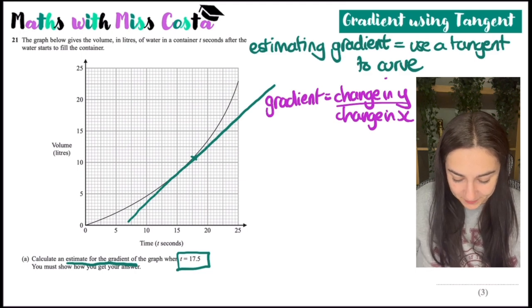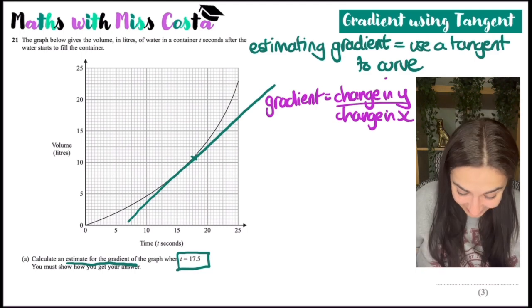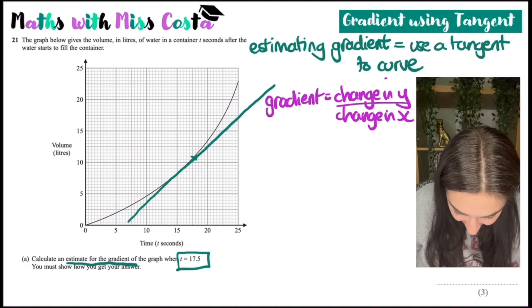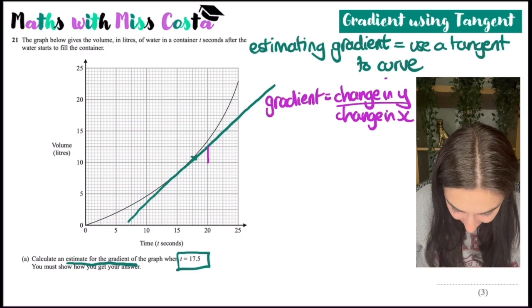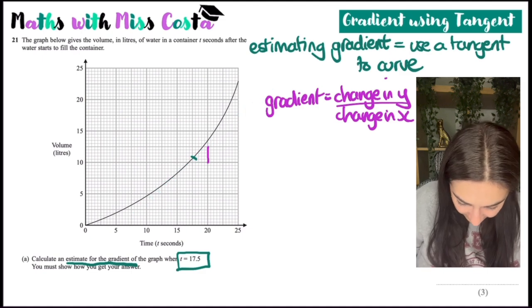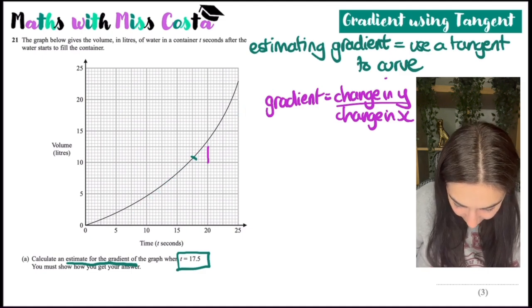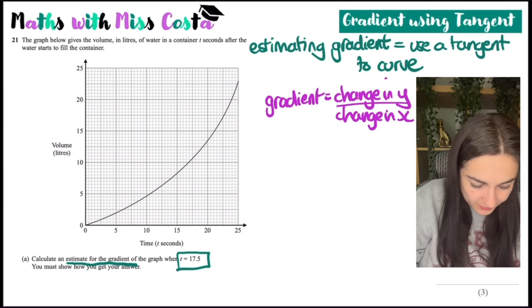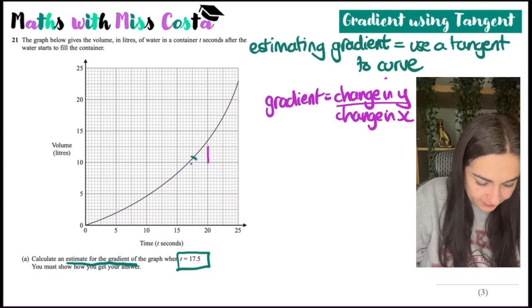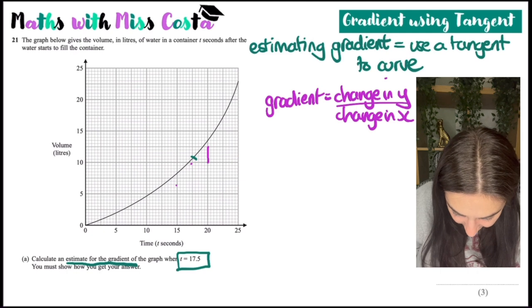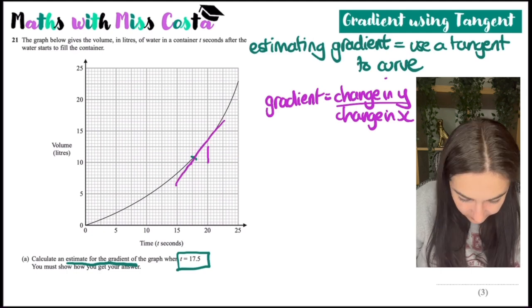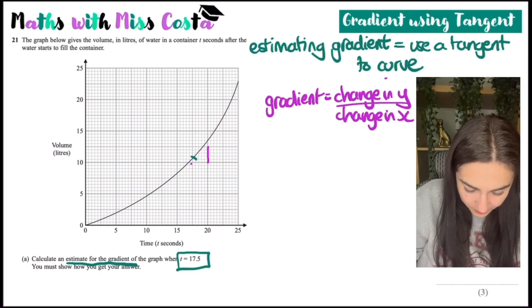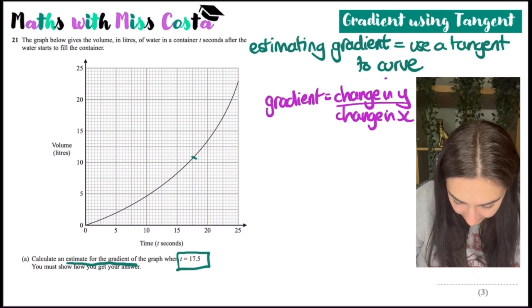This isn't amazing because my line is so thick, so it covers the line, but we do what we can. So I'm going to just get rid of that line actually to see where it would touch. So if I've drawn that straight line like that, then it would probably be touching about here.